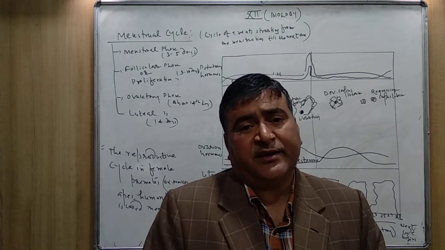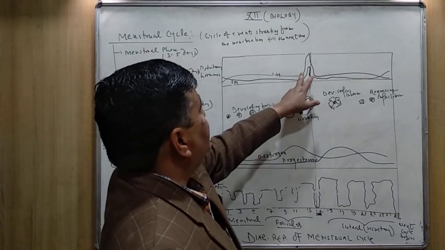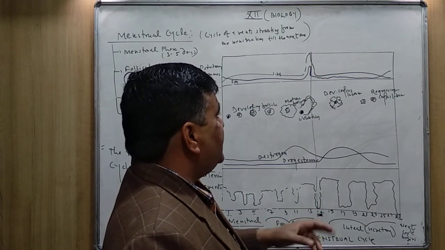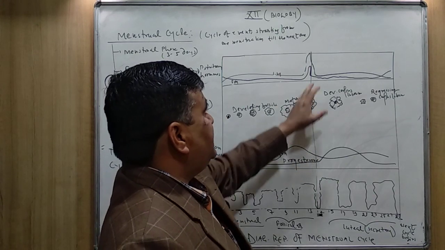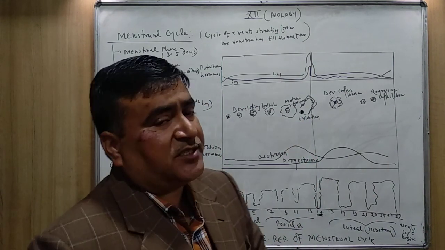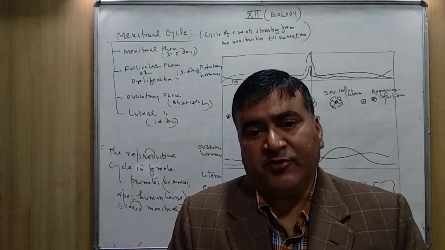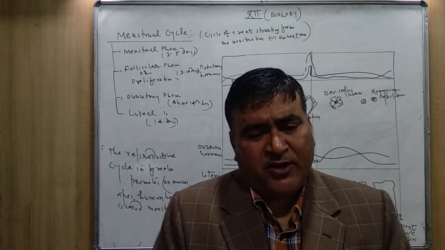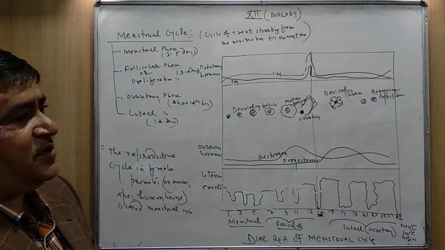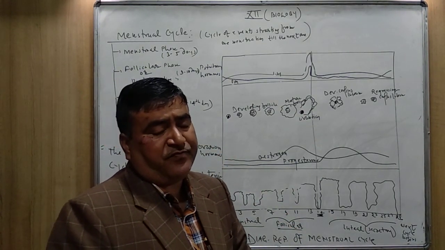But especially the LH goes to the peak level on the 14th day, and this is the mid of the menstrual cycle, and in the mid of the menstrual cycle the process of ovulation takes place. Why is the follicular phase also known as, I have written here, proliferative phase?